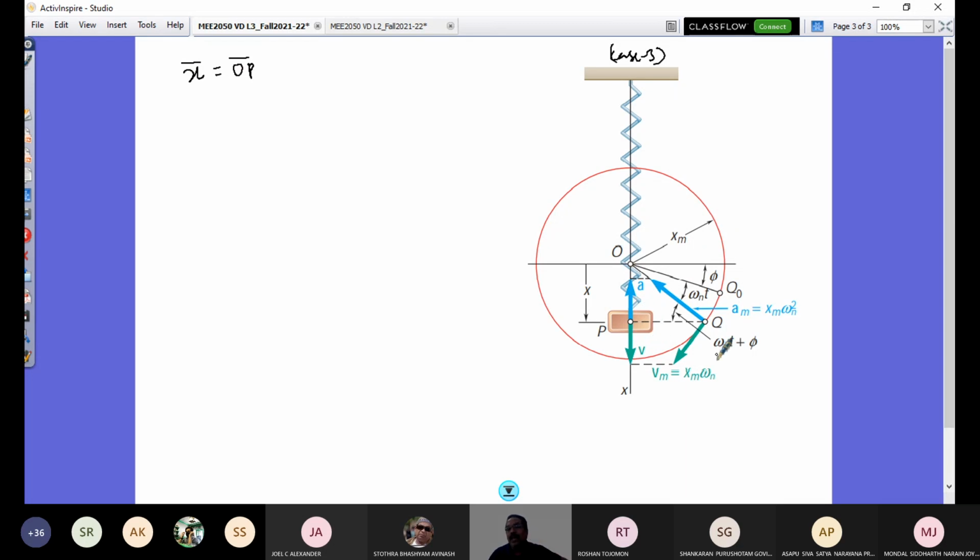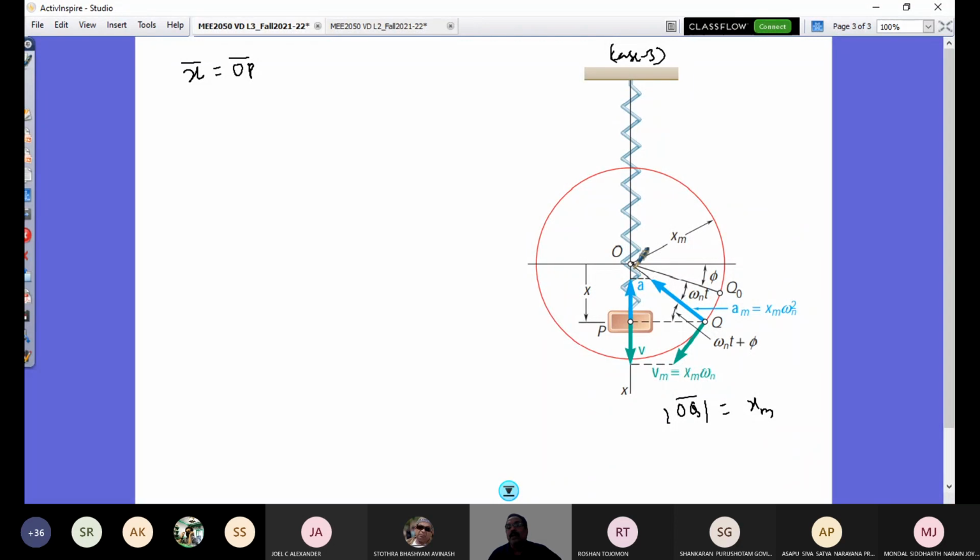Now you see here, since this point Q, OQ is forming this auxiliary circle, and the OQ magnitude is the radius of the circle corresponding to the maximum amplitude xm. So OQ, its modulus is xm, the maximum amplitude. And where is this OQ placed now? It is placed at an angle phi plus omega nt.